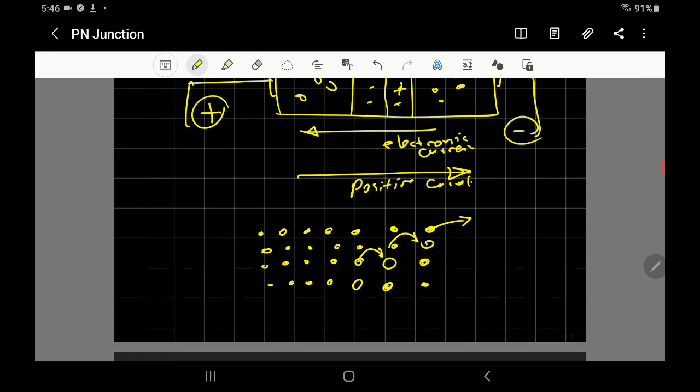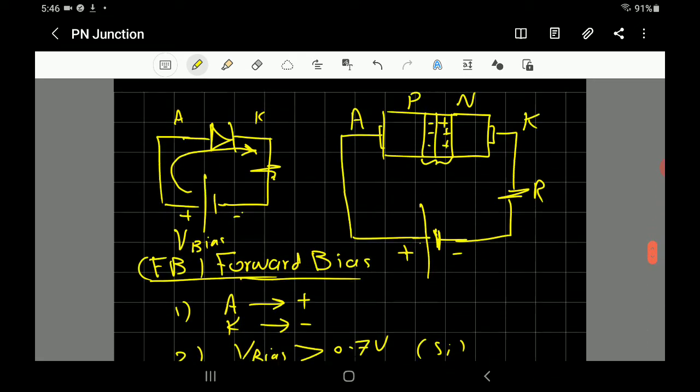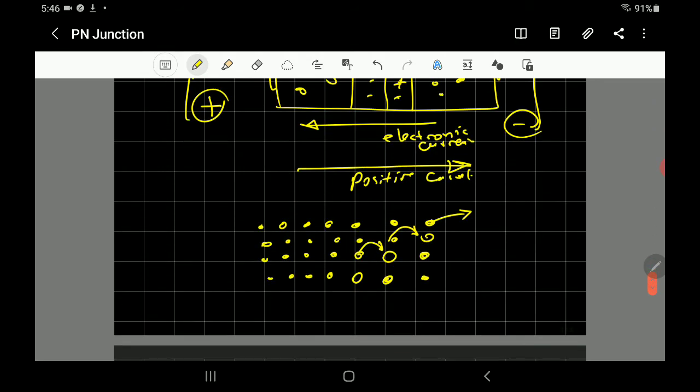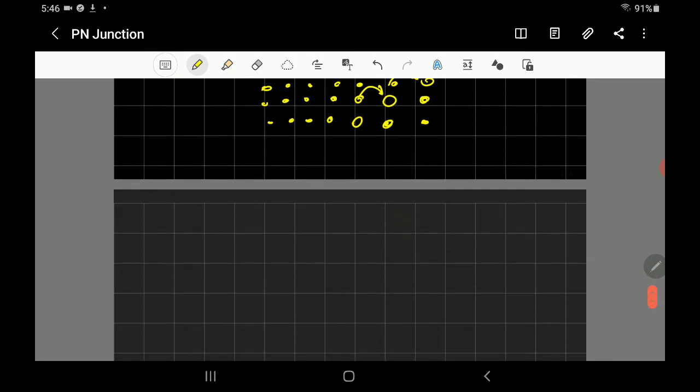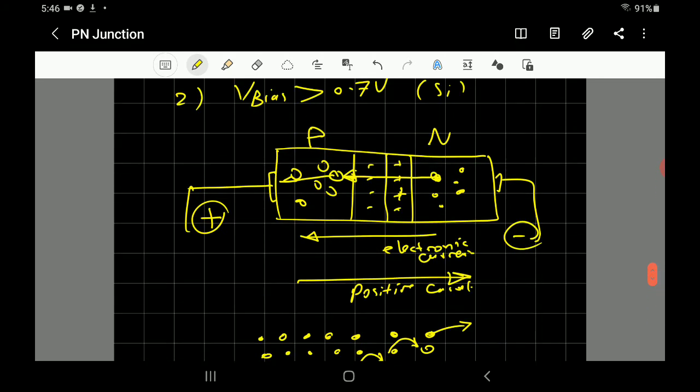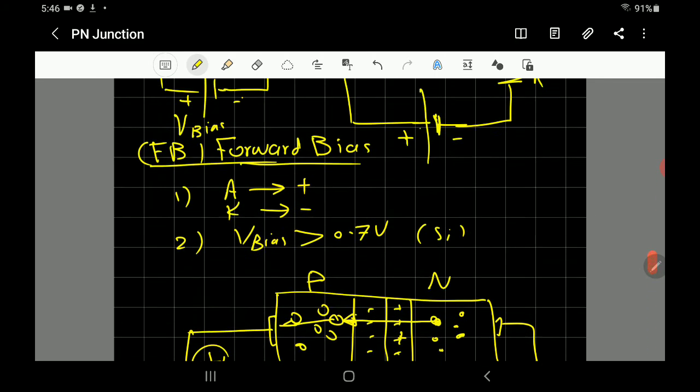So the electrons move in this direction and the holes move in the opposite direction. That's why we say the hole's direction is opposite to the electronic direction. So when we say in this diagram that this is a current, it means the positive current, but the electrons are going in the opposite direction. That's to avoid any confusion. So that's how it conducts when you connect the positive and negative for forward bias.